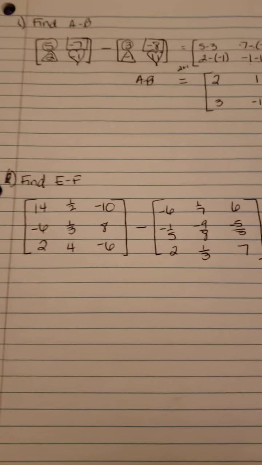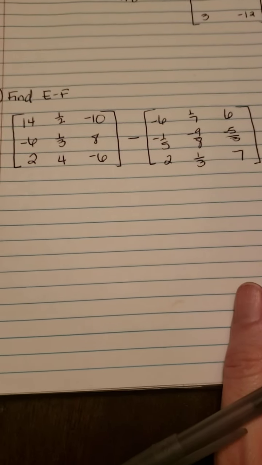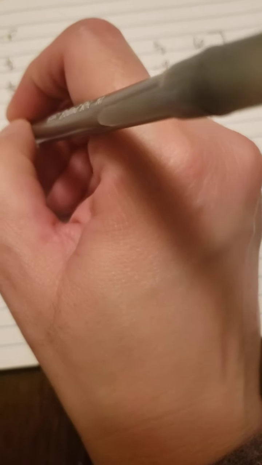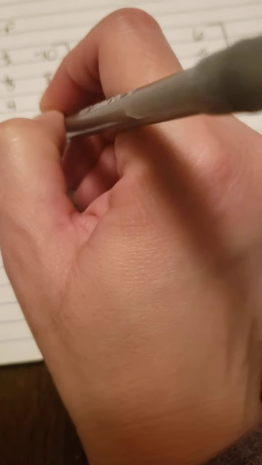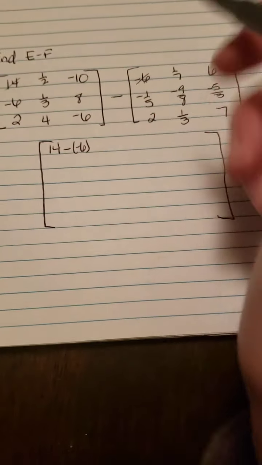So now, number 6, e minus f. I'm going to set this up the same way. I have 9 pieces, but I'm going to set them up exactly the same way. I can't possibly draw all the shapes. All right, so I'm going to do 14 and negative 6. So 14 minus negative 6. And I'm going to cross those out once I've done them so I don't lose track. And then 1/2 minus 1/7.